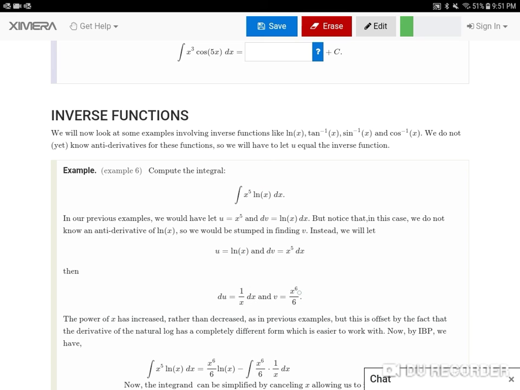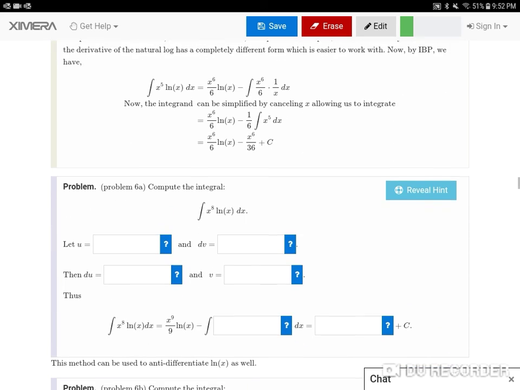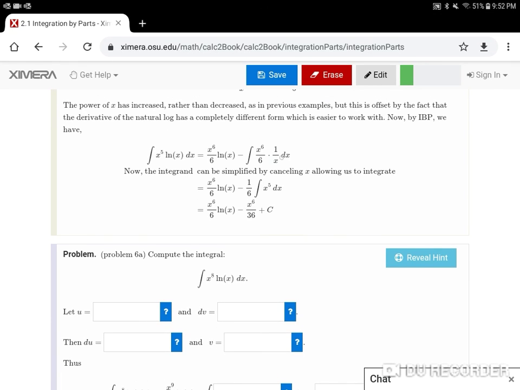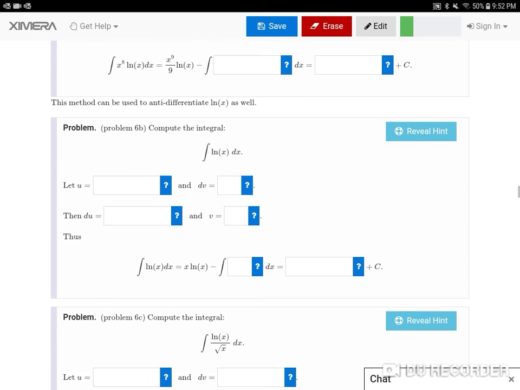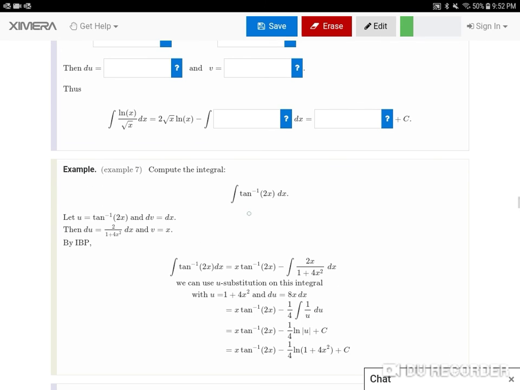Even though integrating x to the fifth makes it x to the sixth over 6, when you multiply v du, things get simplified. So there are a few examples like that. Here, natural log of x, a good example.